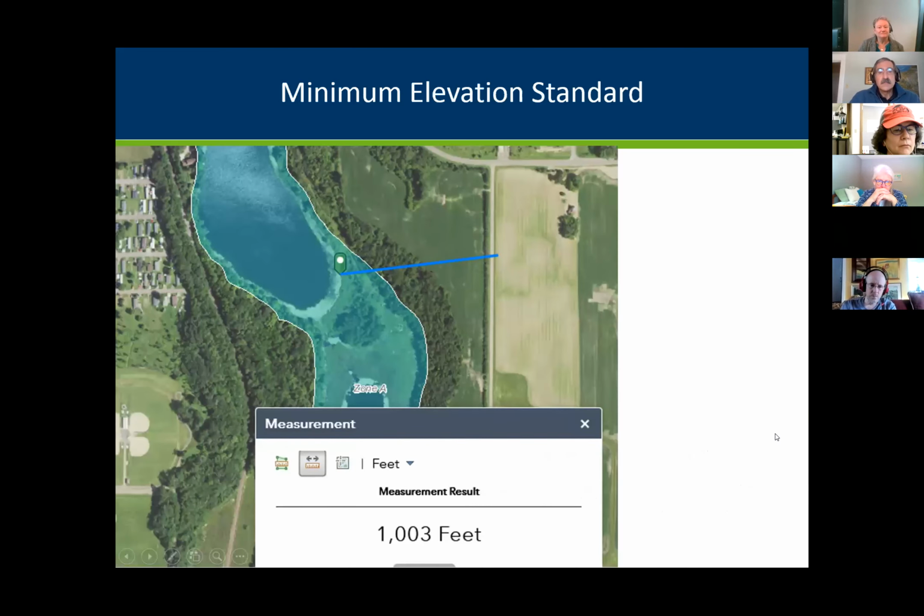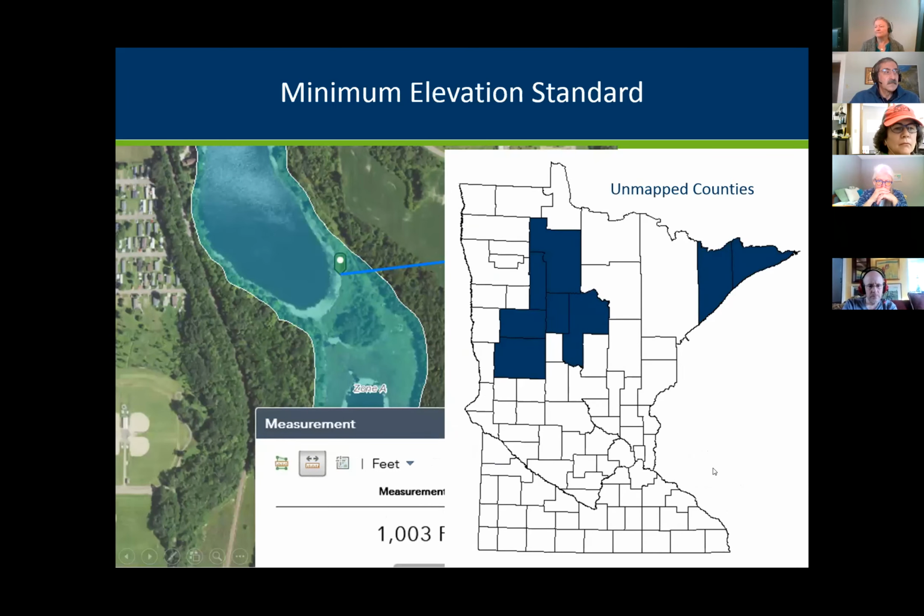We have a ton of basins and you can't map them all. There's just inadequate data. So this slide, and I think there's an animation here, shows a mapped basin and the extent of the Shoreland District, 1,000 feet out. So the minimum elevations would apply here, and Minnesotans like digging basements. We do it for efficiency purposes, for storage. We all like our basements.